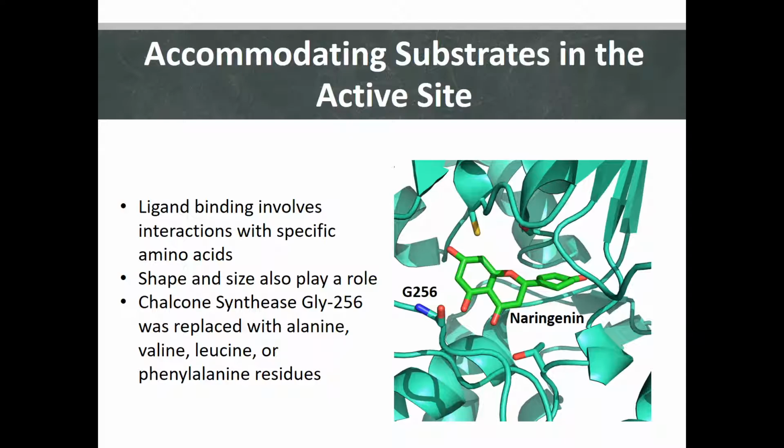If your active site or binding site is not of complementary shape and size, it is not going to accommodate a ligand being stably bound at that site. As an example, let's look at chalcone synthase.